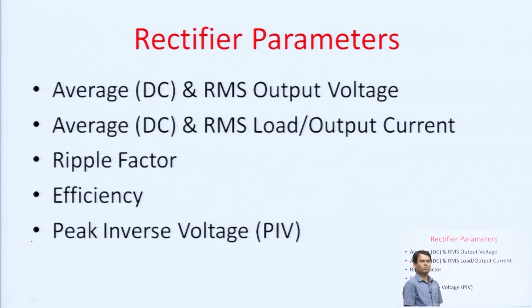Now, I am going to discuss one by one. This is the mathematical portion, where we need to calculate various parameters. We need to integrate and take the limits of initial and final, then we will get the RMS or average value of load current and load voltage.